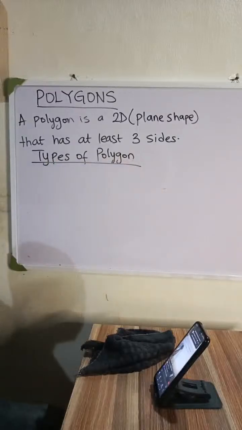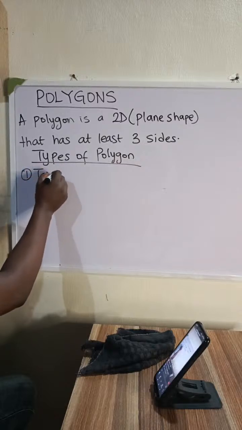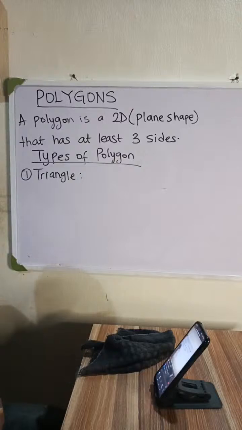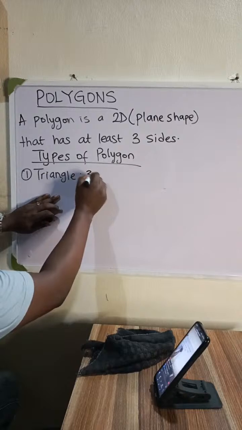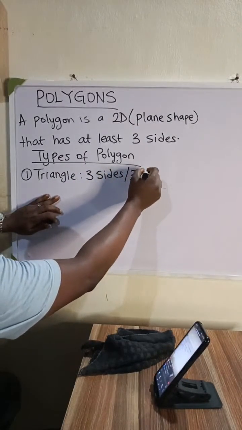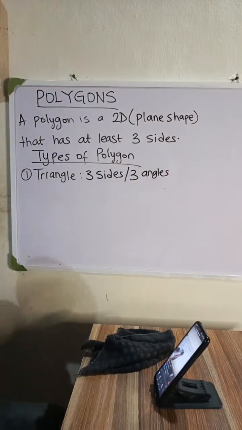The first type of polygon is a triangle. A triangle is a polygon that has 3 sides and 3 angles. So that's the smallest type of polygon.